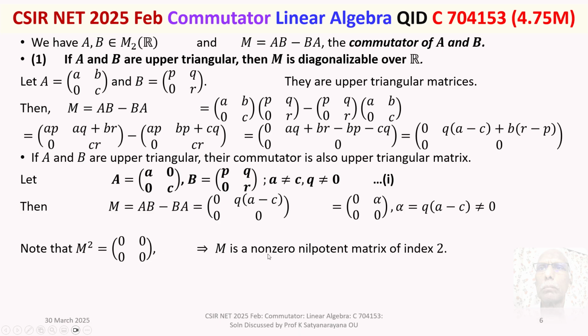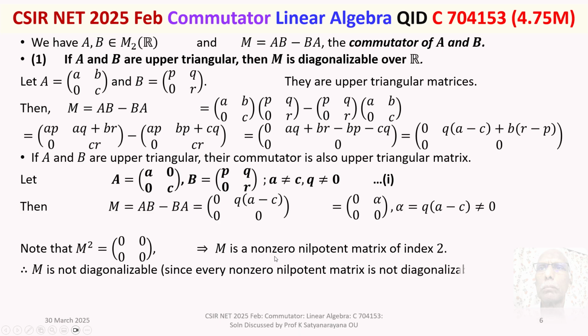That means M, that is 0, alpha, 0, 0, is a non-zero nilpotent matrix of index 2. Why is it non-zero? Because there is one surviving element alpha. Now M is not diagonalizable. Why? We have the famous result that every non-zero nilpotent matrix is not diagonalizable.